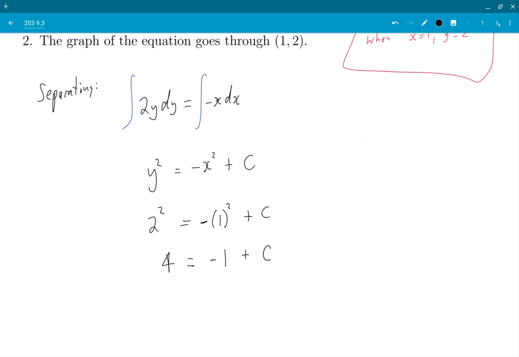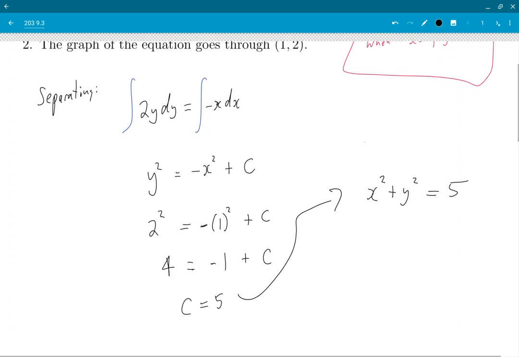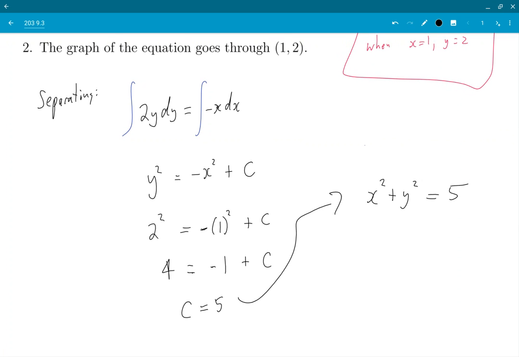Some of you write plus 1 in those cases. Anyways, C is 5. So I get x squared plus y squared is 5, is the equation that we're looking for.